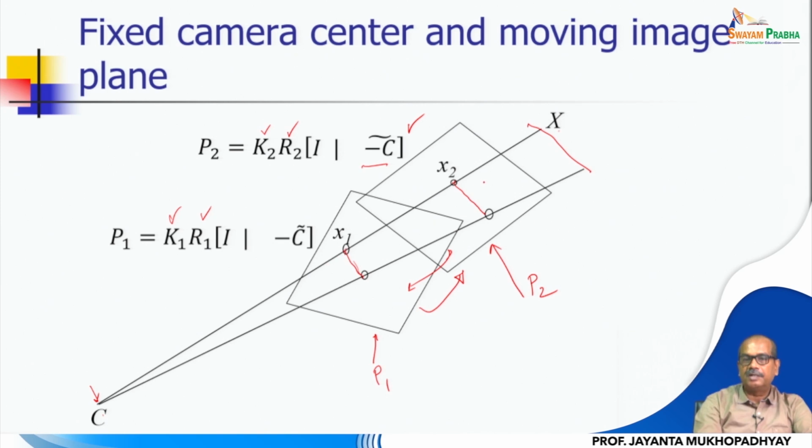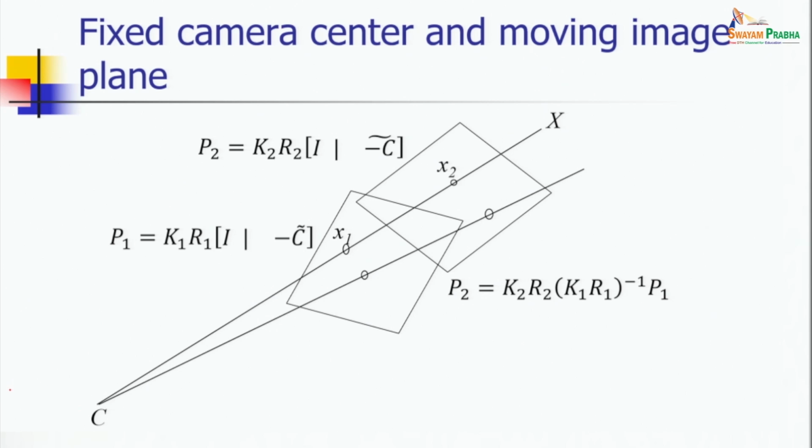It's a one-to-one transformation, as we can see, and these two are planes, which are also projective spaces if I consider this center. P2 and P1 are related by this, and this is coming from these relationships. Keep this portion the same for both.